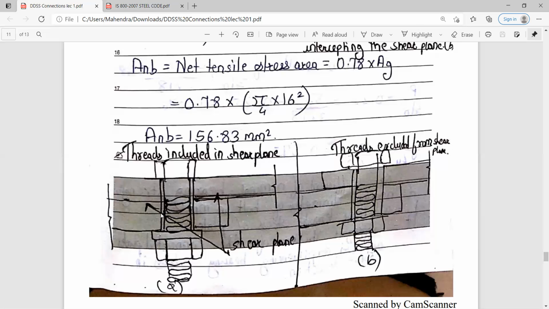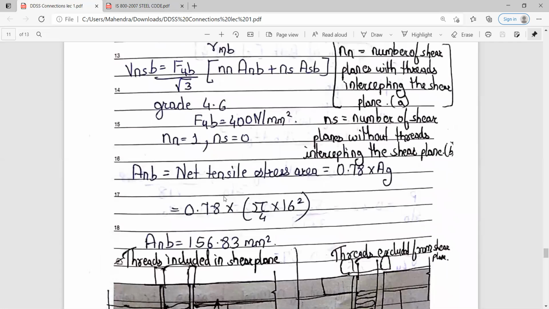There is not much difference in both these diagrams, only a slight difference. Here there is the shear plane, and in this particular diagram the threads are coming in the shear plane, so the value of NN will be 1. And in this one, the threads are not coming in the shear plane, so the value of NS will be 0. So here NN will be 1 and NS will be 0.